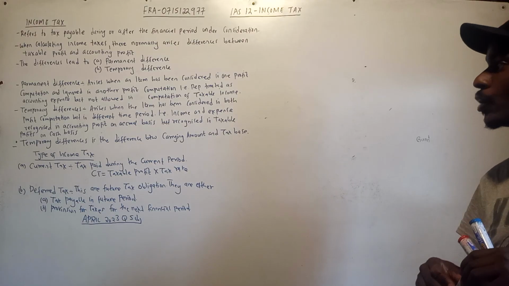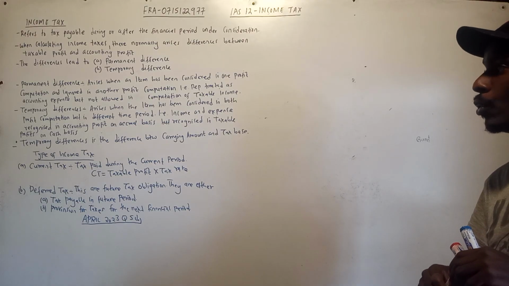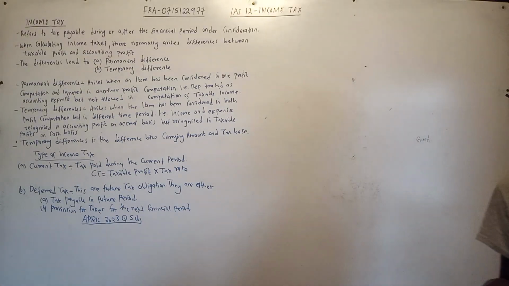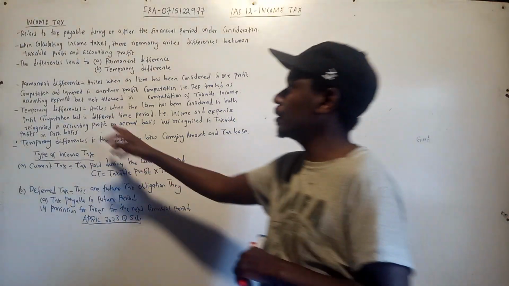But when we compute the taxable profit or the taxable income, depreciation is considered as a disallowable expense. So it is considered in computation of accounting profit, but disallowed or ignored in computation of the taxable profit. In that case, it relates to what we call the permanent differences.